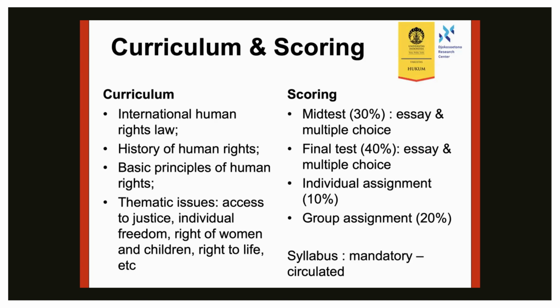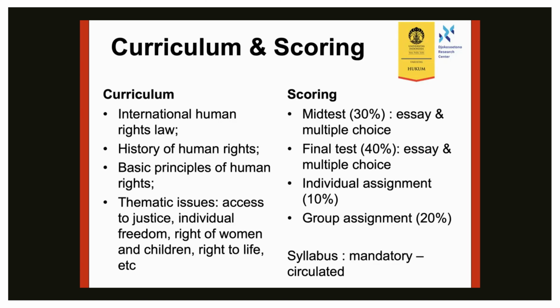It's not us who require them, but rather the university imposes the mid-test, final test, individual assignment, as well as the group assignments. So the flexibility lies in the percentage. We put the group assignment at 20%, 10%, 40%, and 30%.